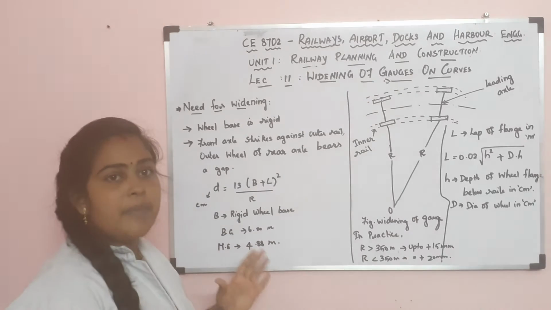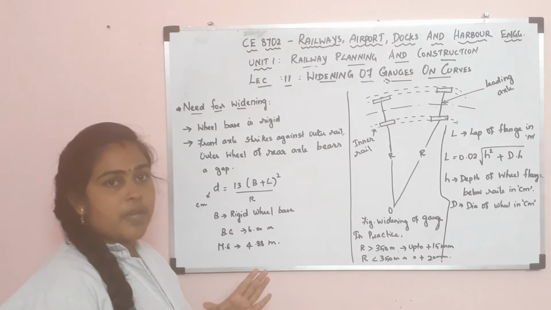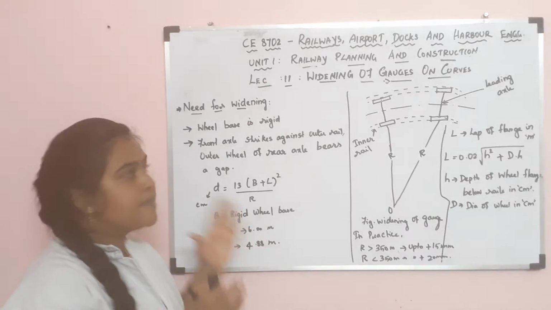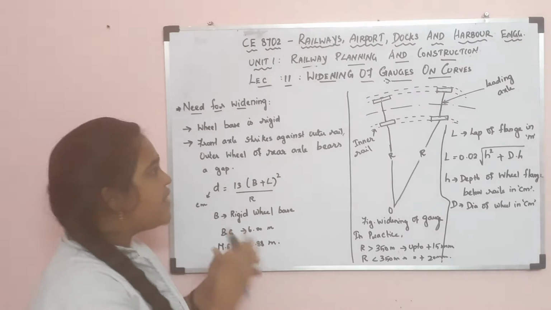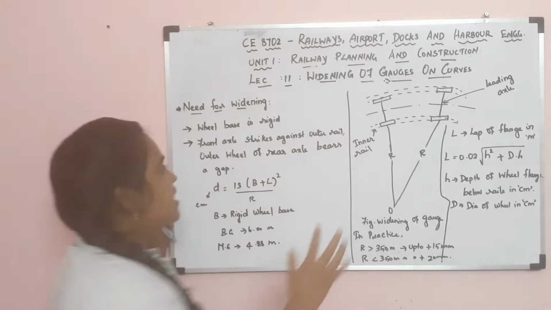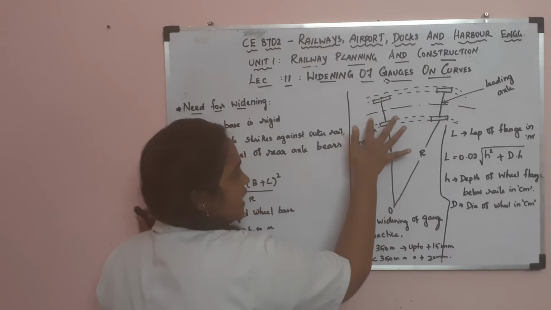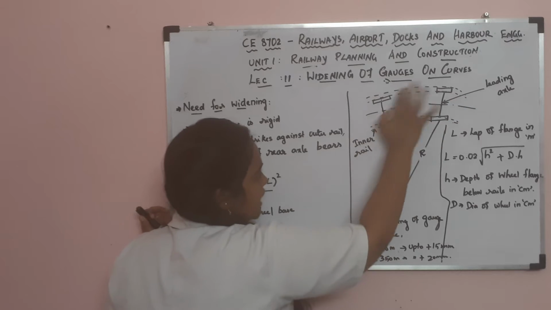The wheel base of the train or vehicle is rigid in position. That is, wheel base means the distance between two axles. It is rigid. Due to this rigidity, when the front axle of the vehicle strikes against, this is the front axle, this is the rear wheel, this is the inner rail and this is the outer rail.